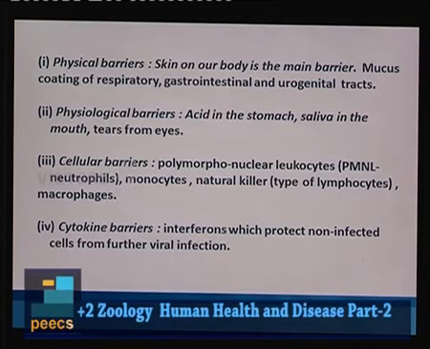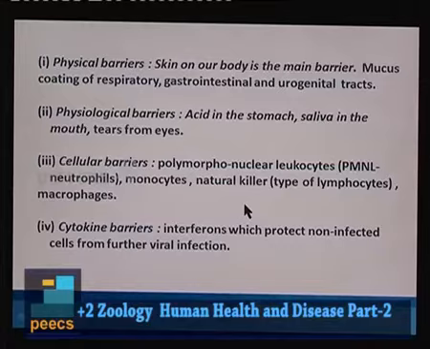Monocytes, natural killer cells. Natural killer cells are a type of lymphocytes, and also macrophages. Macrophages are formed from monocytes. So, all these cell types which are involved in maintaining immunity are called cellular barriers.